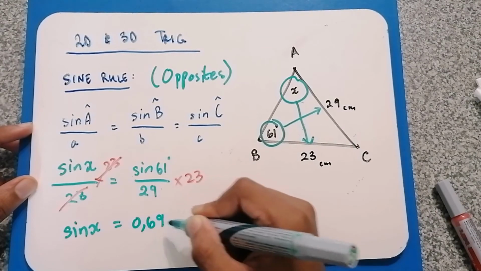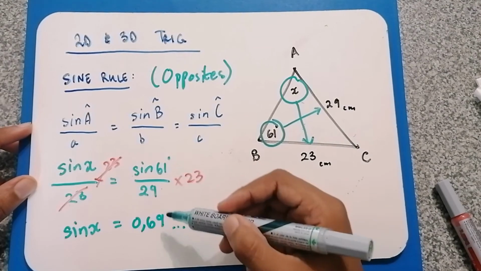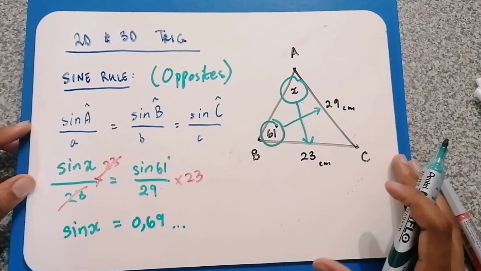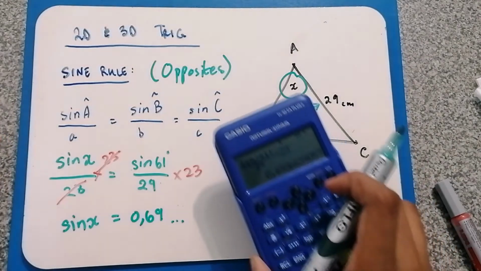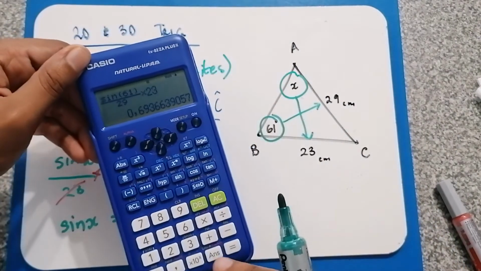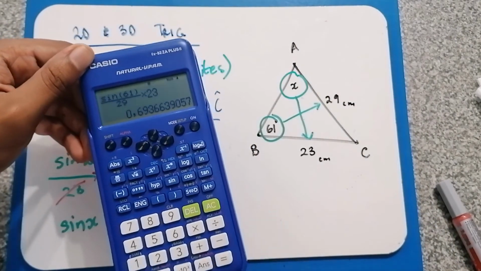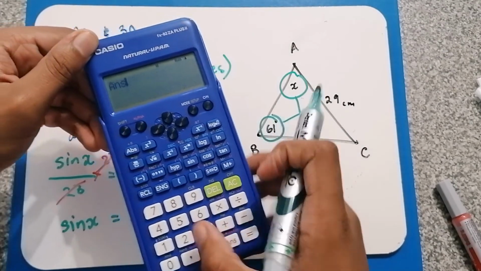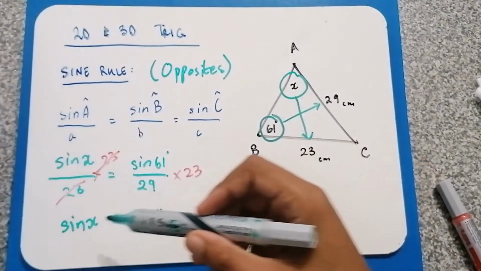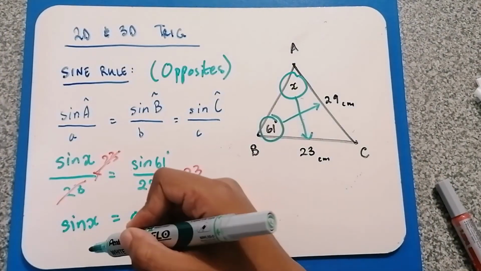0.69. There are a couple more decimals which I do recommend that you actually keep in your calculator. So when you move on to the next part, you just use the ans button. This ans button remembers your answer from the previous question, and so I'm going to be using that button, and I need to take shift sine because I need to get x alone.